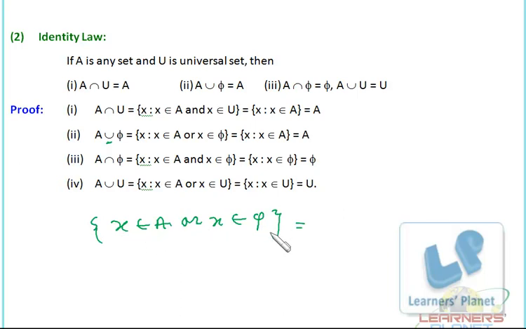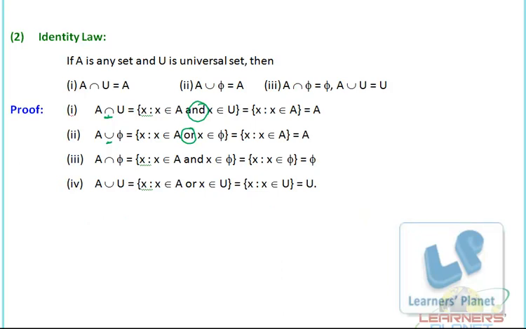Now phi is a null set, that means X definitely belongs to A. So X such that X belongs to A, and if X belongs to A, that means it is set A. If it is the intersection sign, use AND. If it is the union sign, use OR. Nothing is difficult. I just solved the third one also.